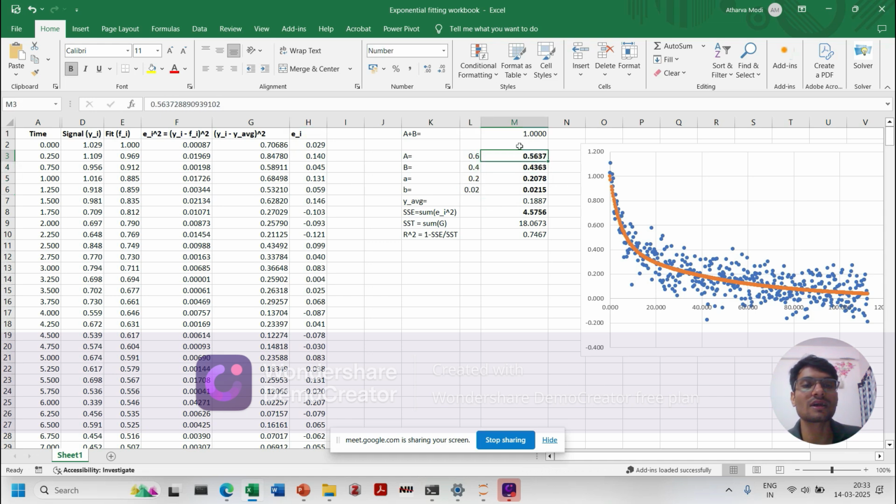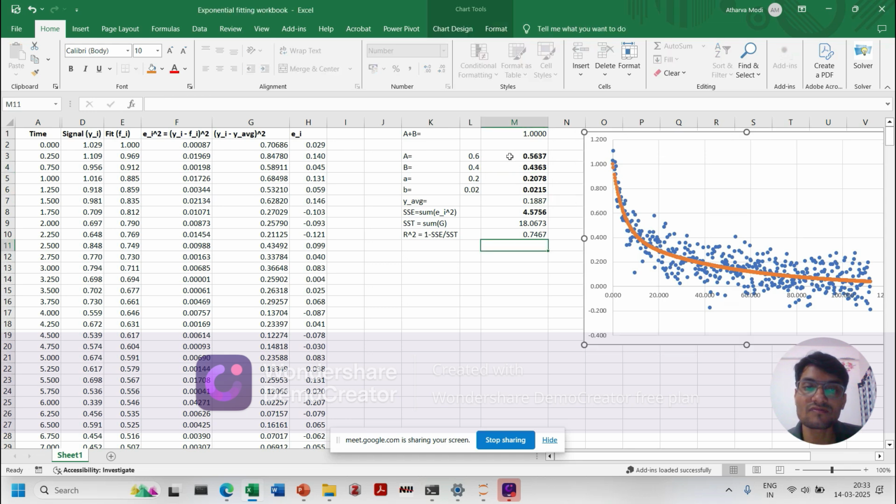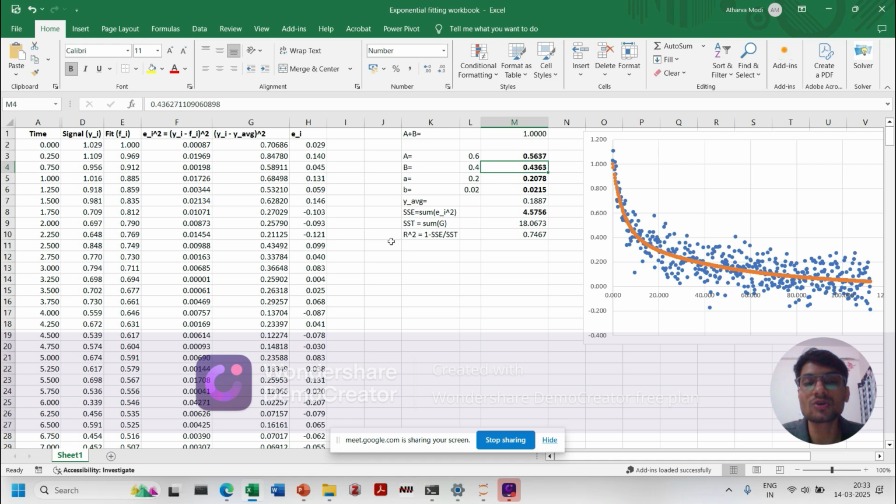This is how close you can get. They are still not 0.6 and 0.4 because of the sampling that we have done; it's only 450 points right now. If you take this to infinite points, then these numbers will go to 0.6 and 0.4, even if my noise is not normal.